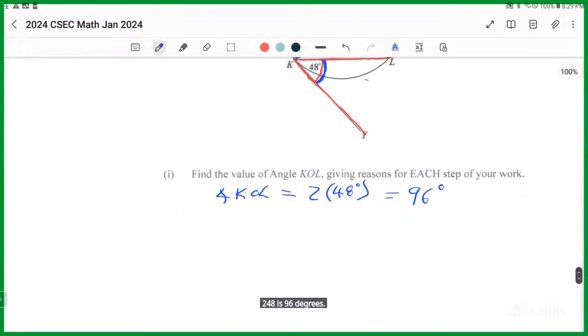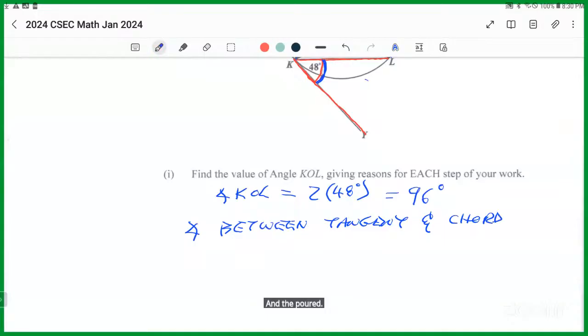I want to write out the reason like this. Angle between tangent and the chord is half the angle at the center subtended by the chord.